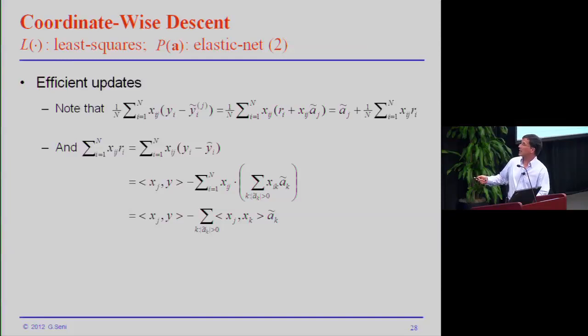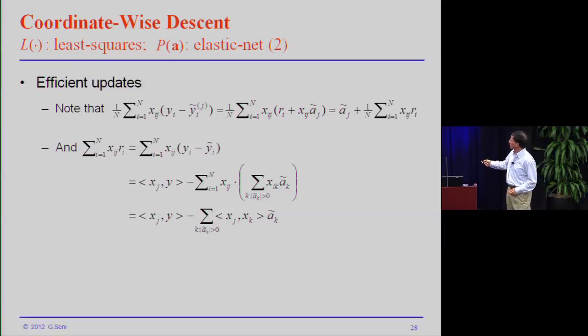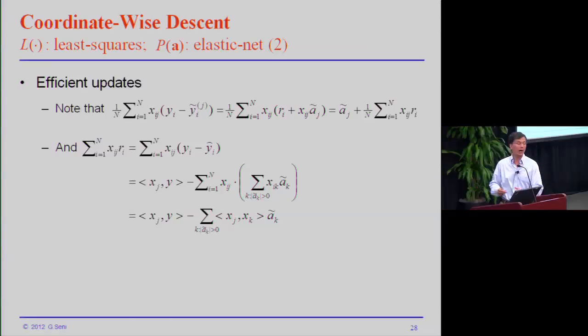And then inside here, the y hat, or the y sub i hat, I'm just expanding it, is the dot product of the current coefficient times the corresponding predictor, but only for those who are non-zero, right? And so this can be expressed as the dot product between x sub j and x sub k, this double sum here.